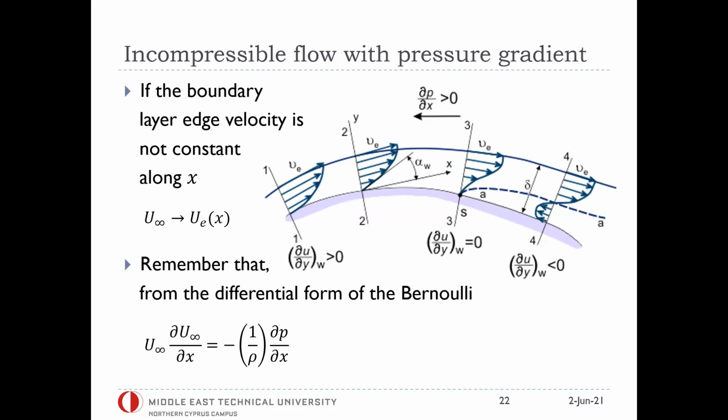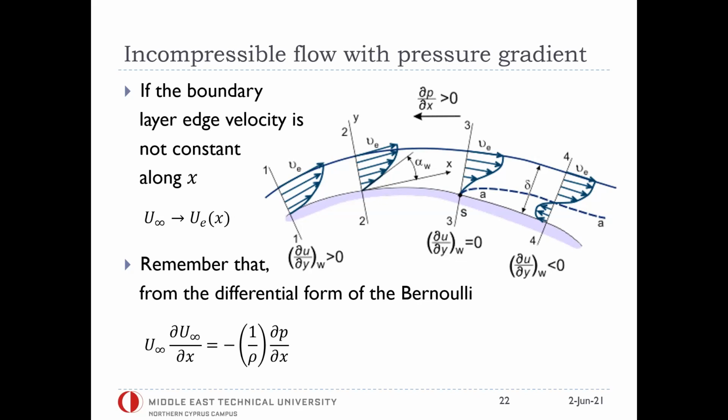And as I told you, that condition indeed can be generated in a laboratory environment. But in most real life problems, we do have curved surfaces, right? Simplest example is the flow over an airfoil. Whenever we have curved surfaces, of course, the edge pressure is not constant. It changes with the streamwise direction. Edge velocity is not a constant, and edge pressure is not a constant.